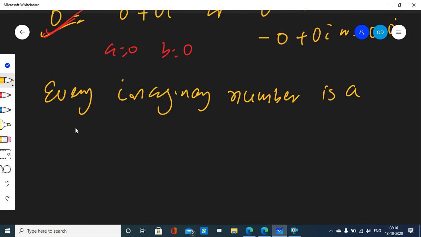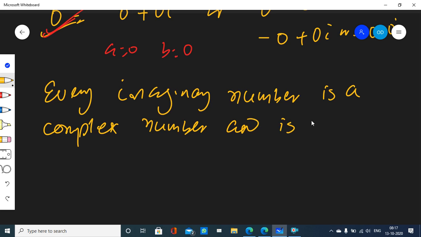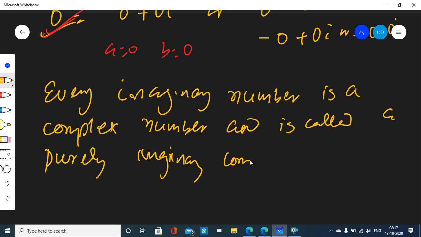Also we discussed that every imaginary number is a complex number, and is called a purely imaginary complex number.